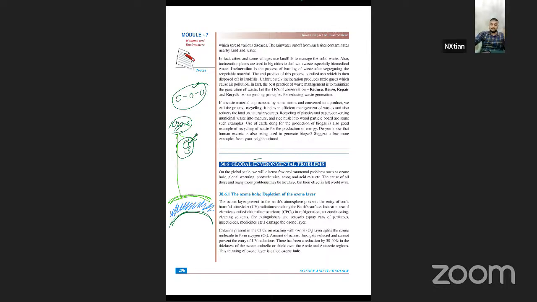How? If I show you with the diagram, the sun releases three types of rays. First is UVA, second is UVB, and the third is UVC. UVA is bearable, it's not good, but it's bearable. But UVB and UVC are very harmful. They can cause us skin cancer.